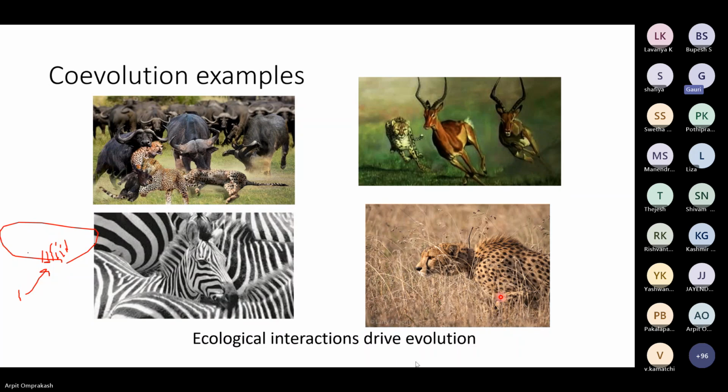Excuse me, sir. Is it possible for these ecological interactions to break and form some other new examples of coevolution? Can you repeat that? Sorry.